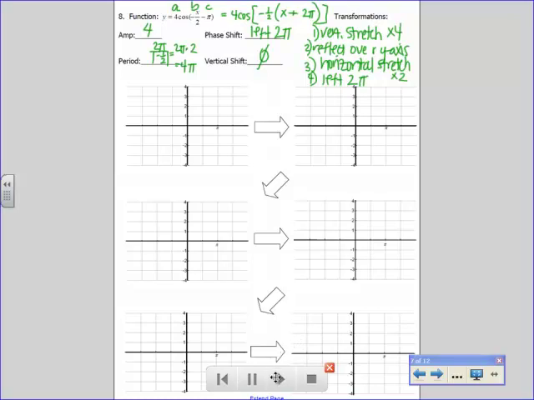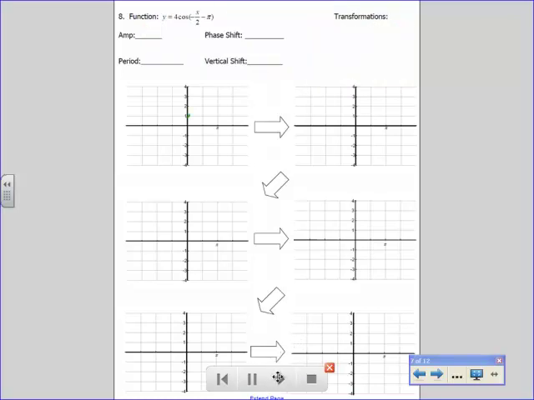Okay, so we use all of this and we start graphing a piece at a time. So start with your original cosine graph. Start with your dots connected so you get an idea of what it's going to look like. Nice smooth curve between them to show the cosine curve.